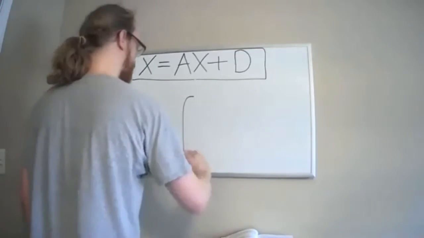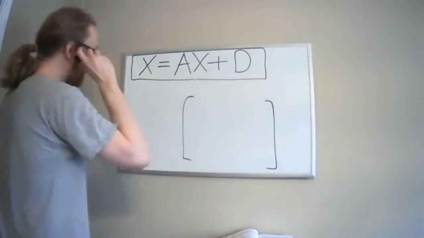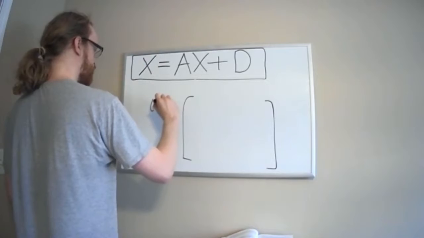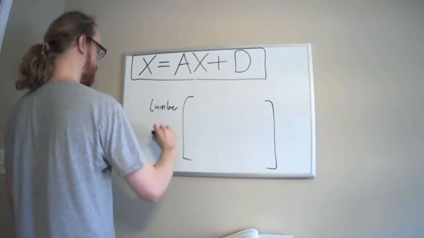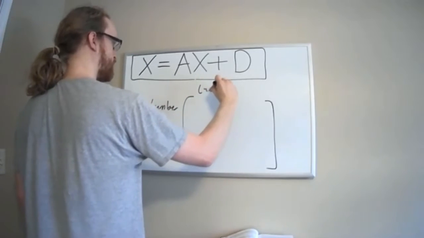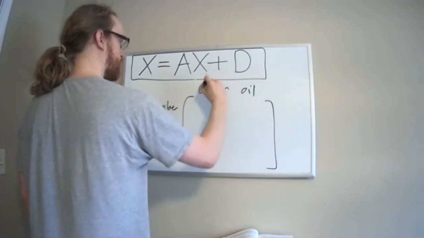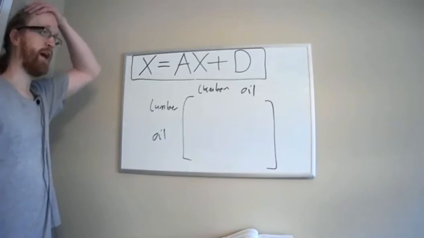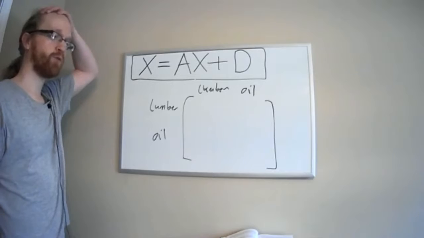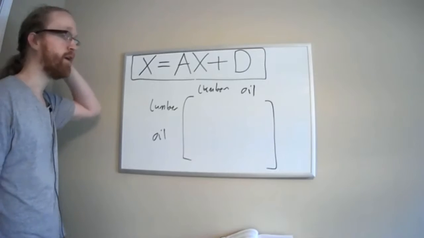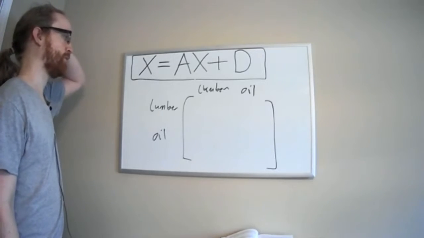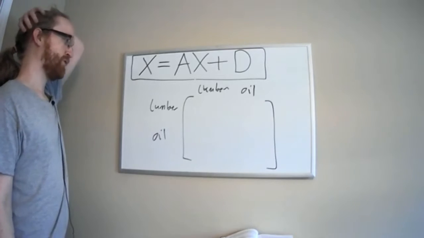I had this matrix I was filling in, and for us, it's a 2x2. I had a lumber row and an oil row and a lumber column and an oil column. It really matters which numbers go where. If you get them in the wrong spot, it will change the answer, and it won't be quite right. So the way we're setting it up, we have to do it this way.